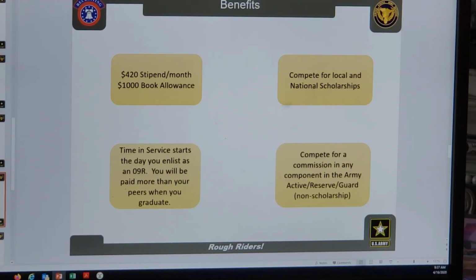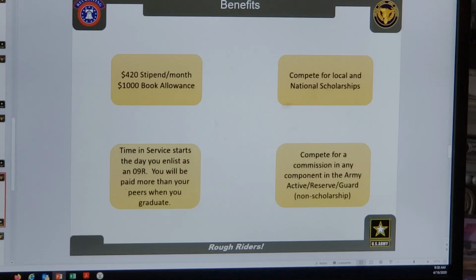If you don't sign anything from Cadet Command for a scholarship, you are able to compete for an active, reserve, or guard commission. You can put them in the reserve for the 4 years as an SMP. They do all their ROTC and compete for an active duty contract or an active duty commission. They can switch and go guard if they want to, or they can stay in the reserves. Their choice of what they want to do.